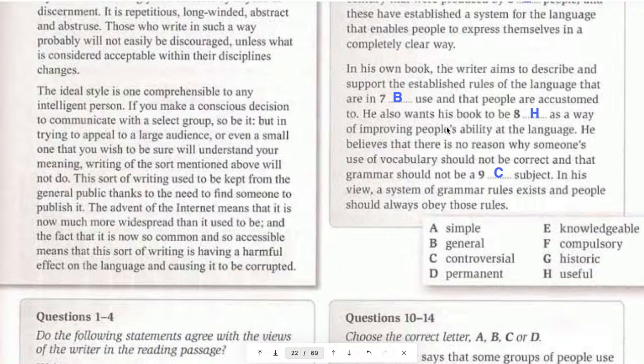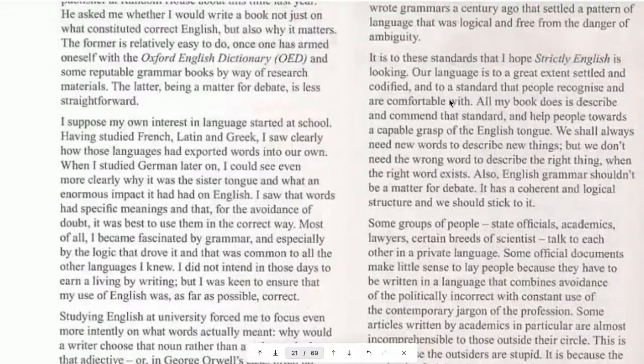Okay, so where can we find information? He wants his book to be useful. The answer is H, useful as a way of improving people's ability at the language. Where can we find information?